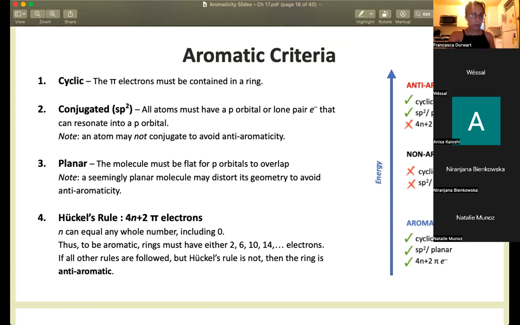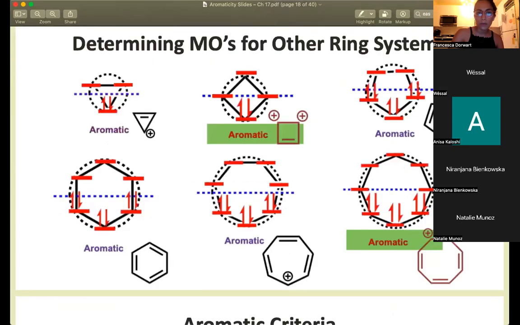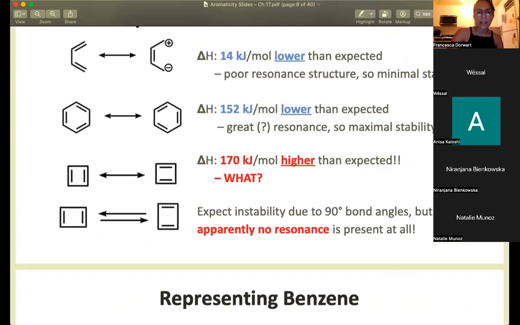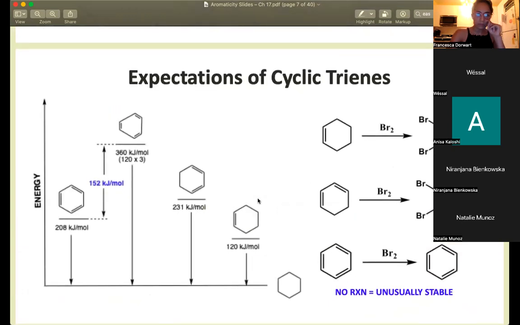Okay, aromatic is very stabilizing. It lowers the energy of the molecule, right? We were looking, I think, at the effect of benzene when we added a third pi bond, right? Cyclohexane by itself is, let's just say, our baseline. I add one pi bond, I get 120. I add two pi bonds, I get around 230.